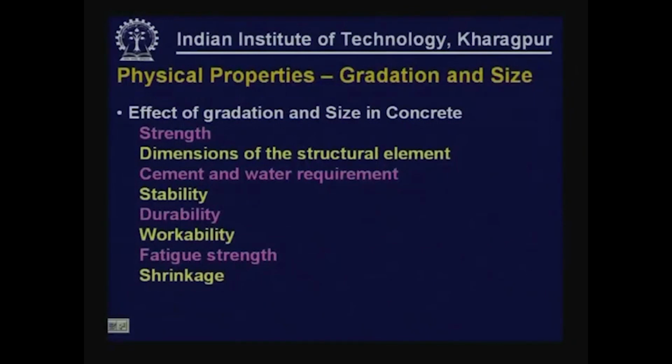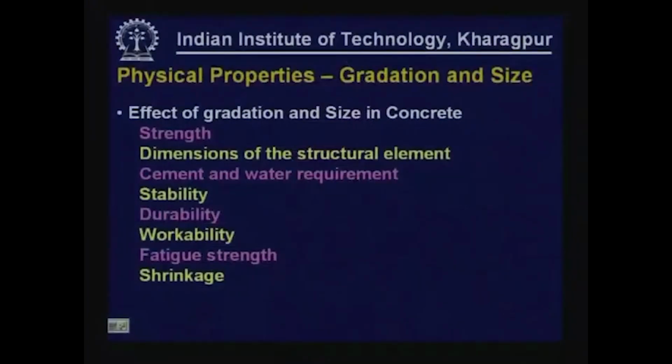This is how the effect of gradation and size in concrete is considered. They affect the strength of concrete. They also affect the dimensions of the structural element, as in the case of bituminous layer: the size of an element, the cover to be provided, the spacing that can be there between different reinforcing bars in a reinforced concrete element is a function of the maximum size of the aggregate that is used.